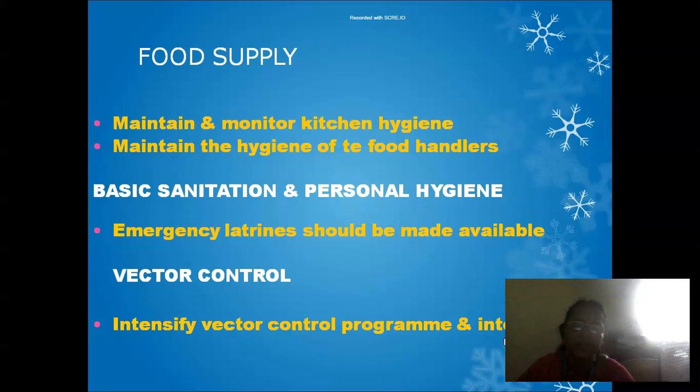Basic sanitation and personal hygiene are very important, not only at the time of disaster, but at all times. Emergency latrines should be made available. Vector control programs should be intensified and vector control should be intervened.